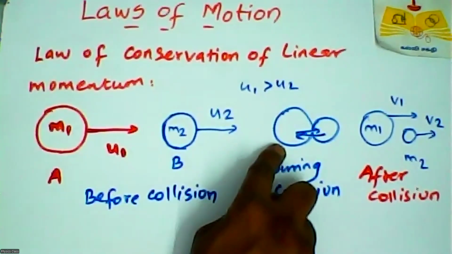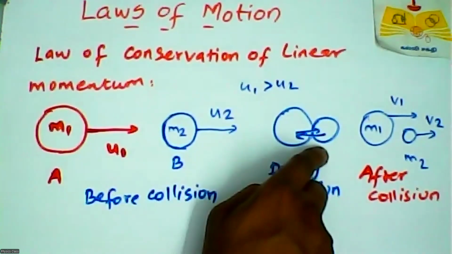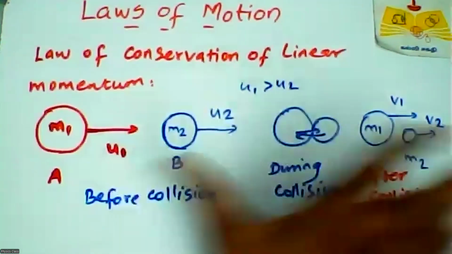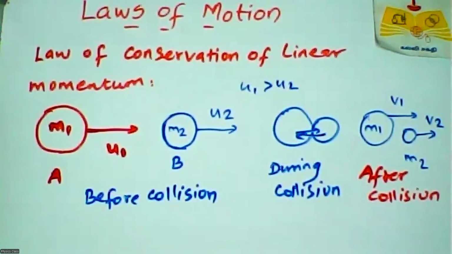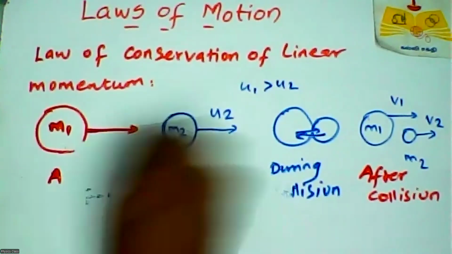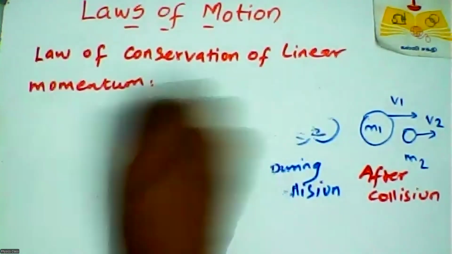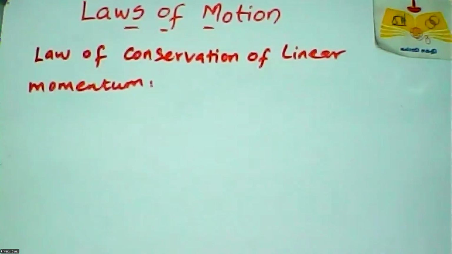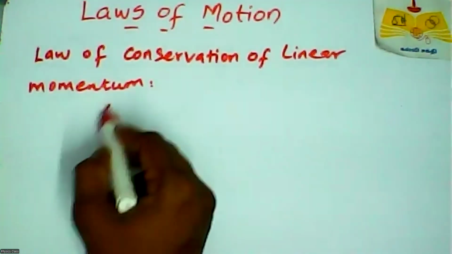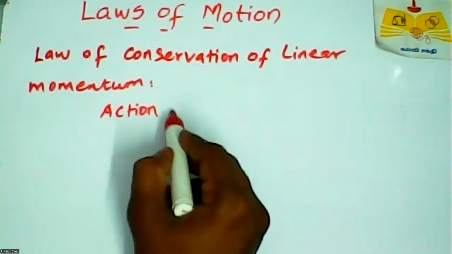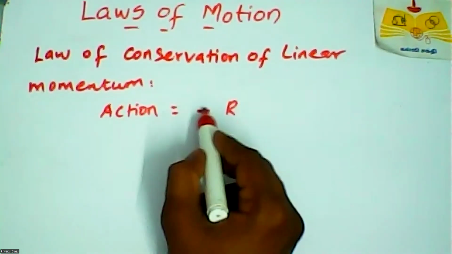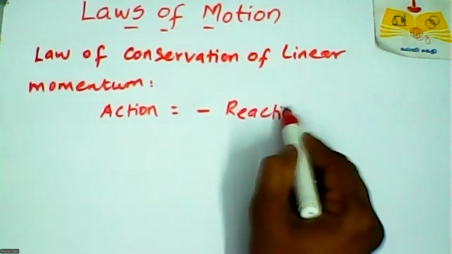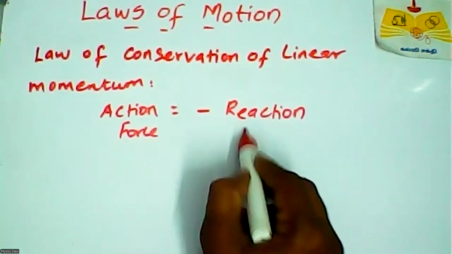So this object will give some force on this object, and this object also exerts some force onto this object. So action and reaction are there according to Newton's third law. By Newton's third law, we can write action and reaction, but in opposite direction. Minus means opposite. So action force, reaction force.